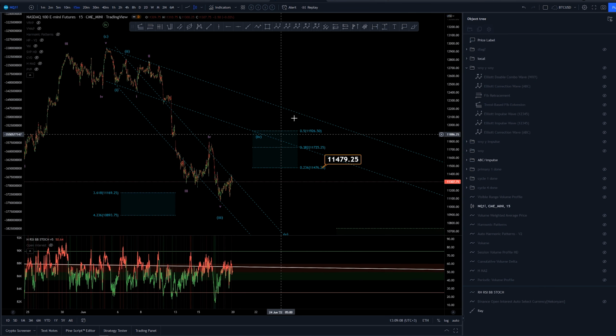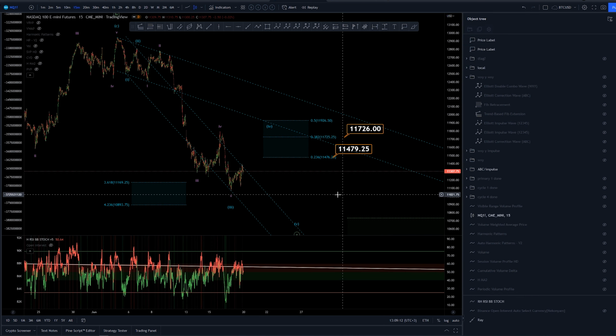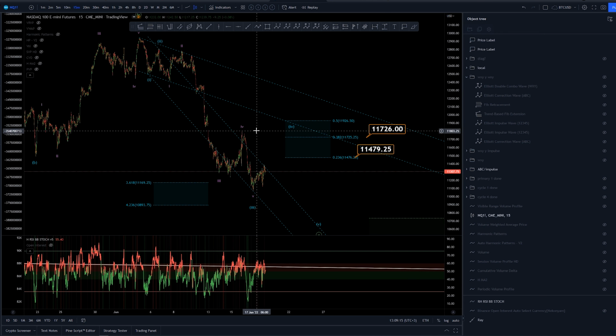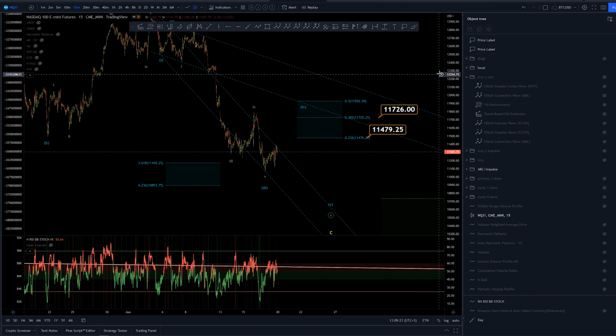The main target, however, is here at 11.7k, give or take, and that would again be around this where the previous wave 4 ended as well. So that is definitely a good area to look out for possible short setups after that.